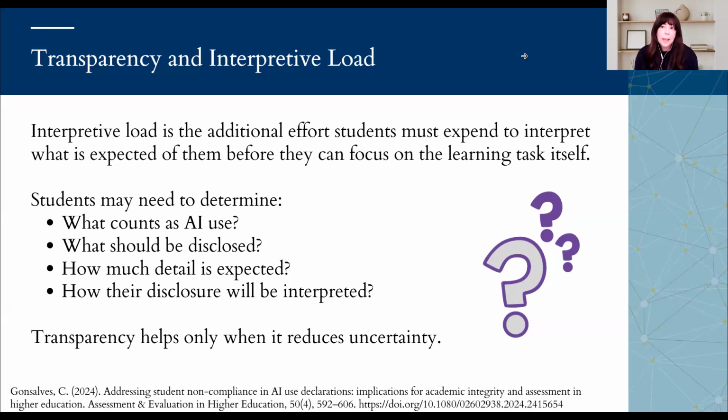If students use AI, are they afraid that they might be judged for that? So the takeaway from this article that I want to highlight before I turn over the presentation to Laura is that transparency, and here I'm talking about transparency from the student perspective, is helpful when it reduces uncertainty. Obviously, faculty may have a different perspective surrounding transparency.